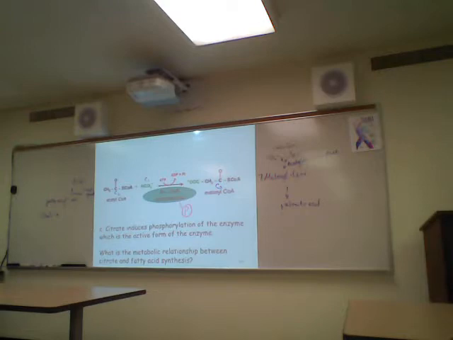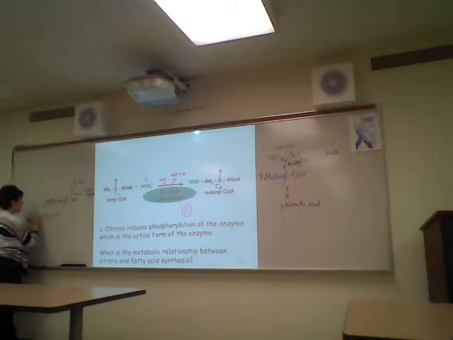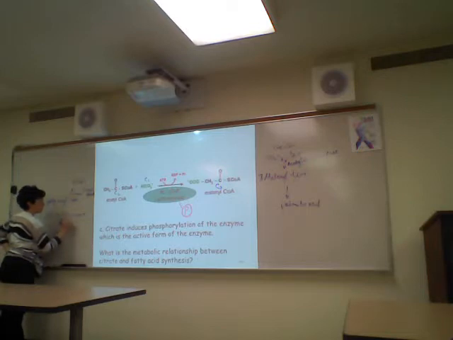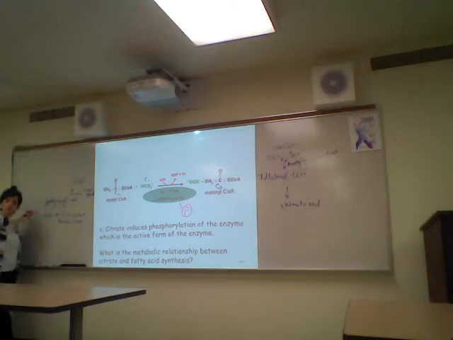It's going to go make fat store. Exactly. So high levels of citrate mean that your TCA cycle is active. But if there's too much citrate, instead of forcing it to go through the citric acid cycle, store the energy instead.